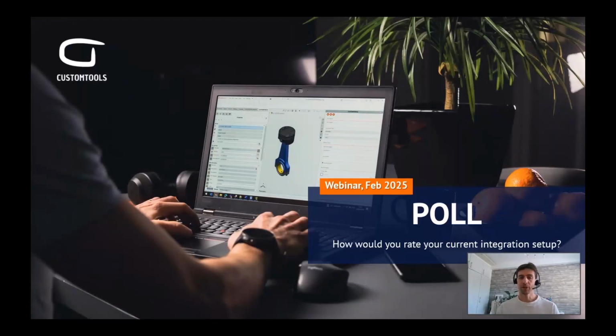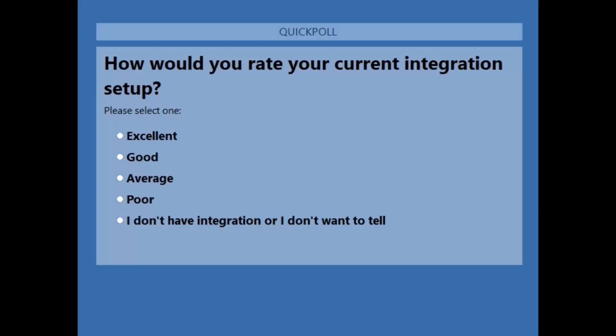Before wrapping up today's webinar, I'd like to ask you, perhaps considering information delivered during this webinar, how would you rate your current integration setup? I give you again a few moments to answer before sharing the results. So the poll is now open, and let's see, do we get some results?